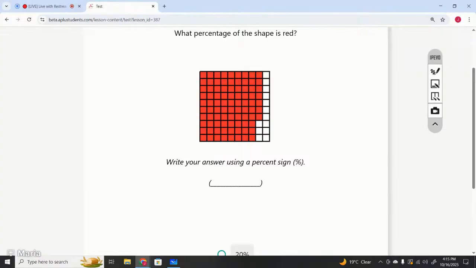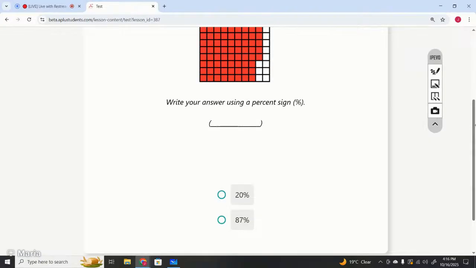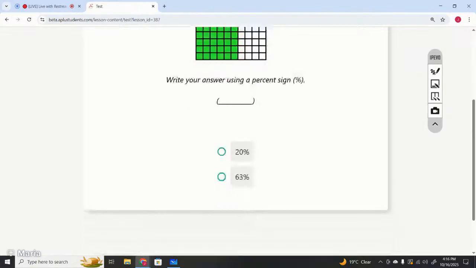What percentage of the shape is red? That is 87%. Option 2 is the correct option.